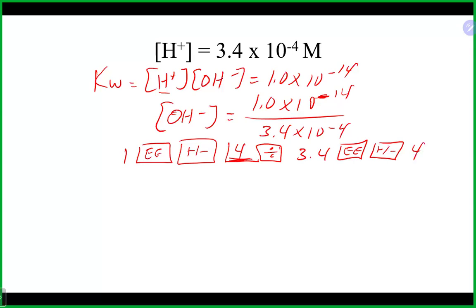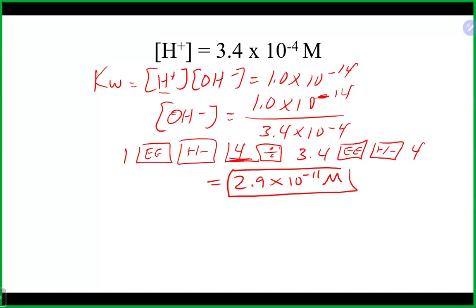If you do all that, you are going to get a number. Looks like maybe 2.9 times 10 to the minus 11 here. This does need units as it is a concentration, so it is typically molarity. Any questions on that calculation?